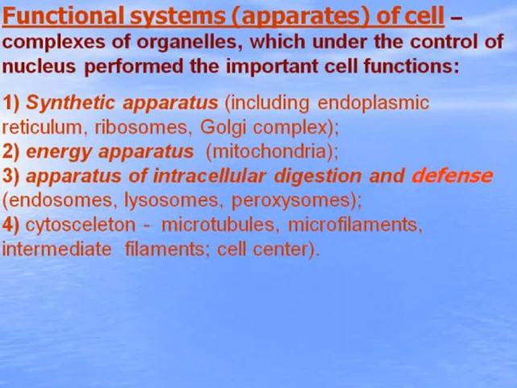Finally, there are 4 functional systems, or apparatus, of the cell, like complexes of organelles which, under the control of the nucleus, perform the important cell functions. The synthetic apparatus includes endoplasmic reticulum, ribosomes, and the Golgi complex.